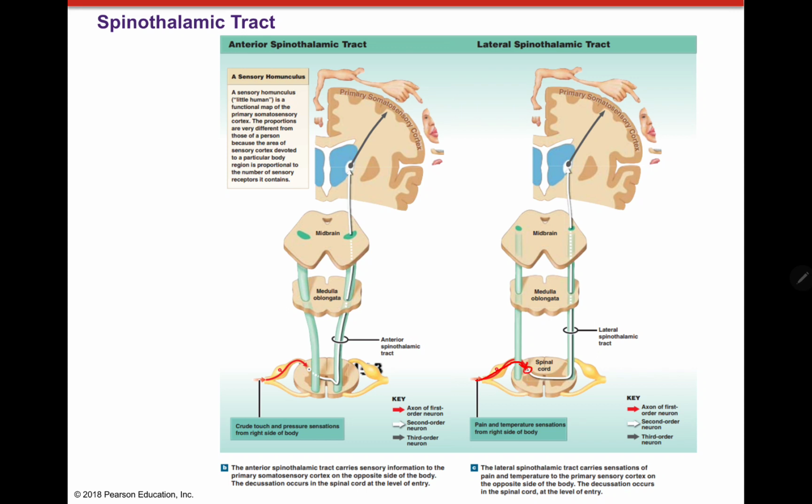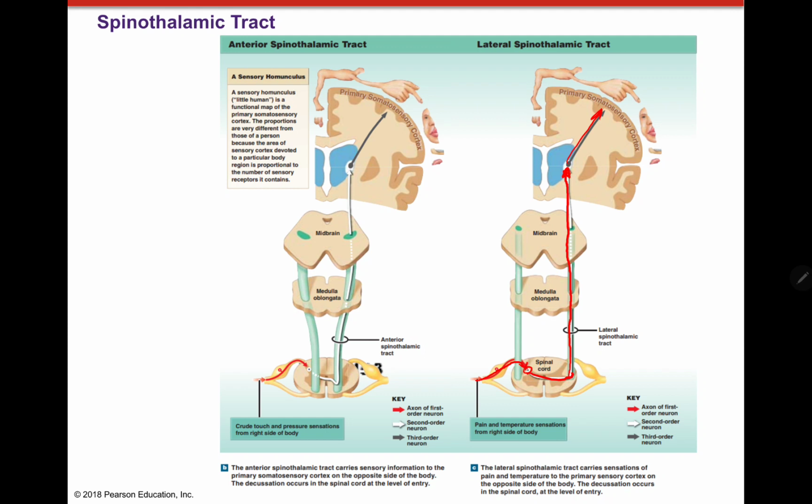And that second order neuron is going to cross over immediately to the other side. Then it's going to ascend via that lateral spinal thalamic tract all the way up to the thalamus, and then synapse with a third order neuron in the thalamus to get to the primary somatosensory cortex.